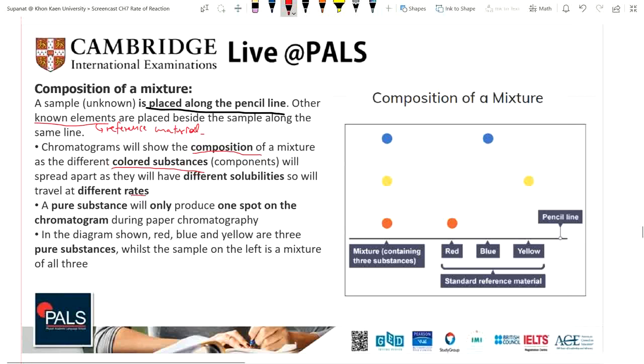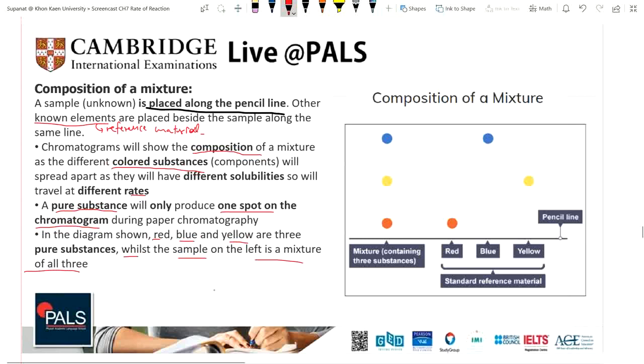A pure substance will only produce one spot on the chromatogram during paper chromatography. Let's have a look at this diagram. This diagram shows red, blue, and yellow are 3 pure substances, whilst the one on the left is the mixture of all 3.